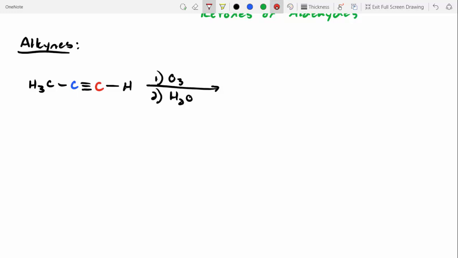And again, we're going to cleave this pi bond. But this time, we're kind of in a conundrum. We're not going to get an aldehyde or a ketone. We're actually going to over-oxidize it to a carboxylic acid. So carboxylic acid.